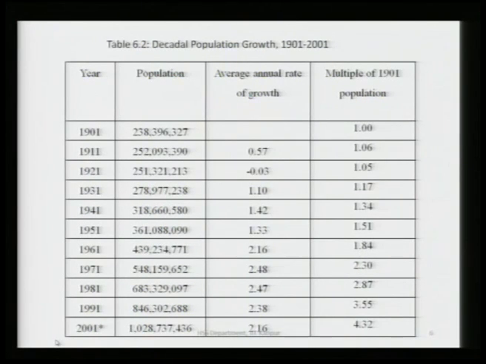Now you see that in 1921, 10 years later, the size of India's population declines to 251 and the rate of growth is negative. It is minus 0.03, a small negative rate of growth. Why? Because around 1918, India suffered from a big influenza epidemic.